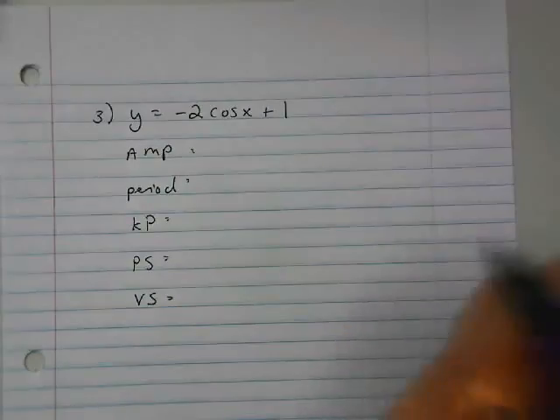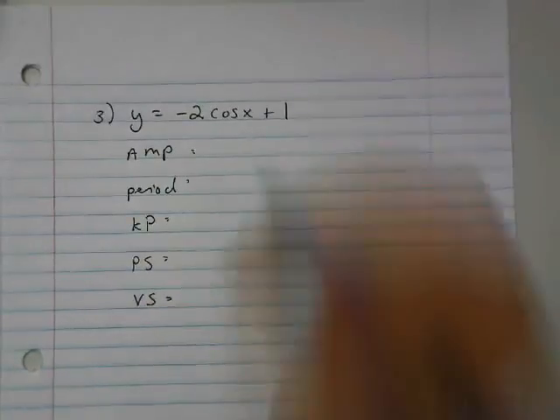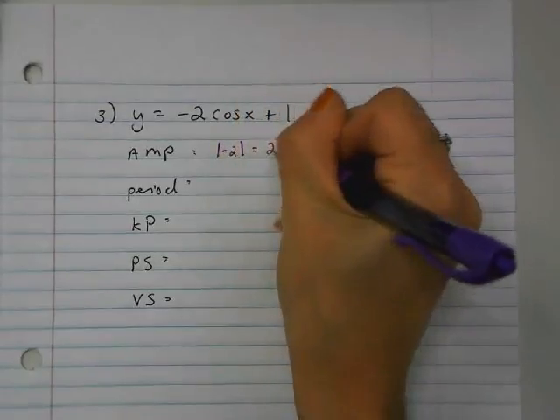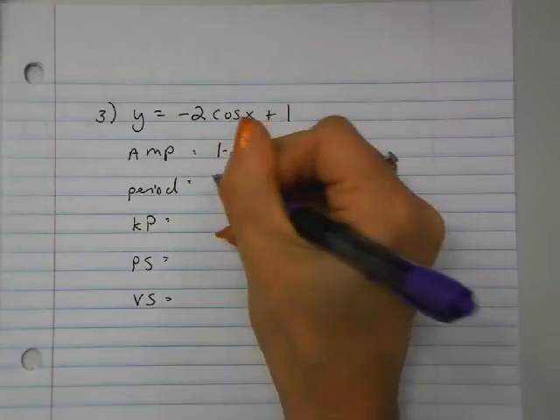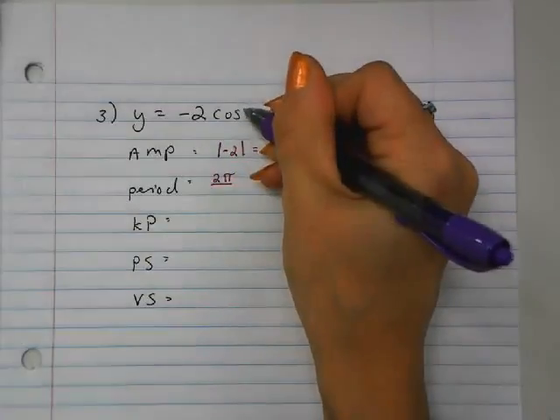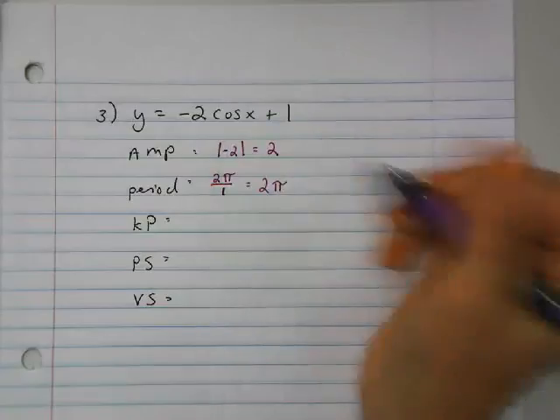Alright, look what you got. Your amplitude should be the absolute value of -2, which is 2. My period is 2 pi divided by b, and b is whatever is behind the cosine, which in this case is a 1. So this has the normal period of 2 pi.